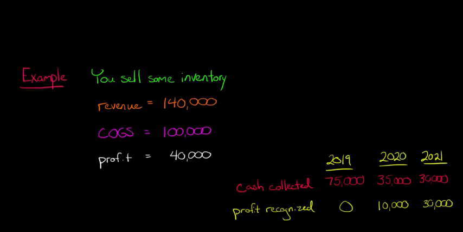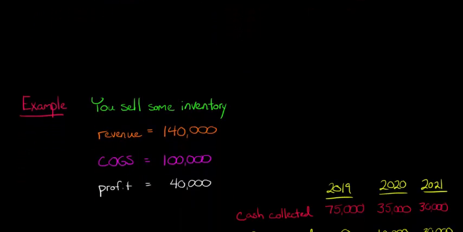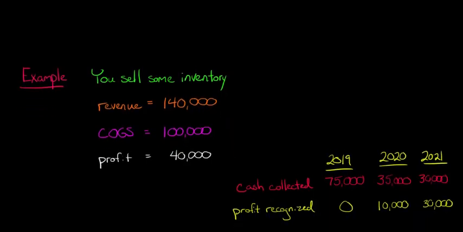So we go back to our decision rule: the cost of our item sold, have we collected at least that much cash? Our item cost us $100,000. That's what our cost of goods sold is. So have we collected at least $100,000 at this point? No, we've only collected $75,000. So our profit recognized is zero. We defer this profit.